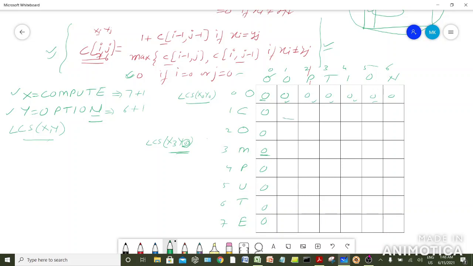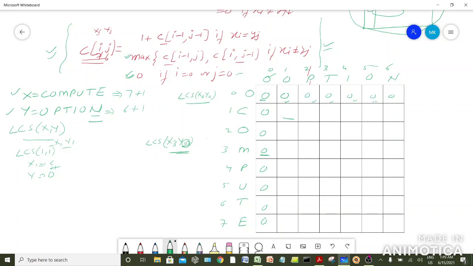Now move to this one. This is your entry LCS of 1 and 1, meaning when x1 and y1 were considered. x1 was equal to C, y1 equal to O. We need to make a comparison, and these two are unequal. So C was not equal to O, so it goes to the second condition.